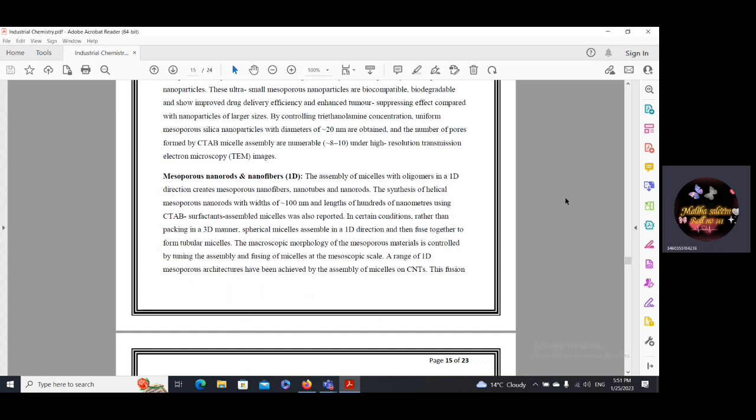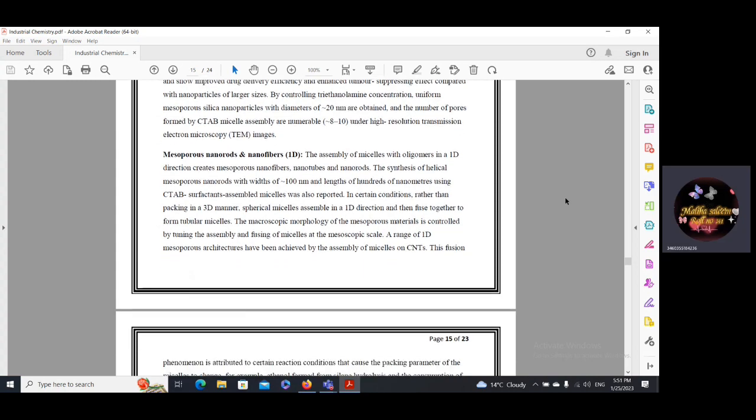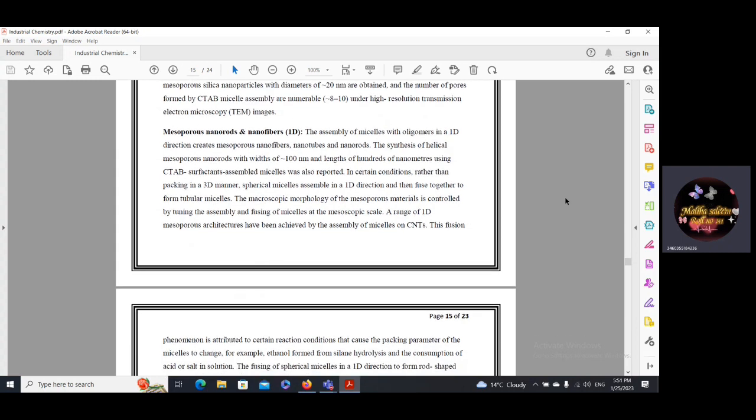Second one is mesoporous nanorods and nanofibers, that is one-dimensional. The assembly of micelles with oligomers in a one-dimensional track creates mesoporous nanofibers, nanotubes, and nanorods. The synthesis of helical mesoporous nanorods with widths of approximately 100 nm and lengths of hundreds of nanometers using CTAB surfactant micelles was also reported.